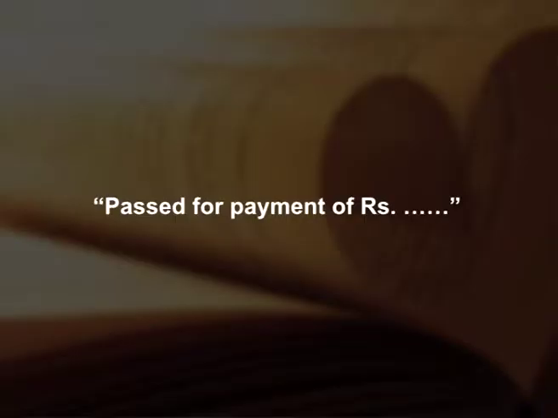The assistant, who may be a library assistant or office assistant, checks the conversion rates and checks the total for correctness and gives a certificate that the correct amount has been charged for every item. He puts the stamp to that effect and writes passed for payment of rupees. Sometimes the budget head also is shown along with this.